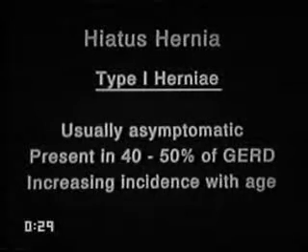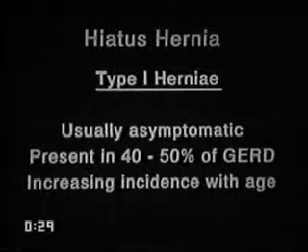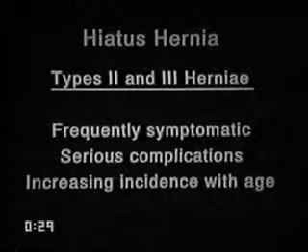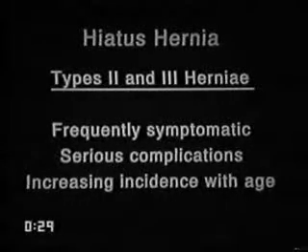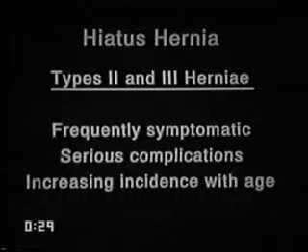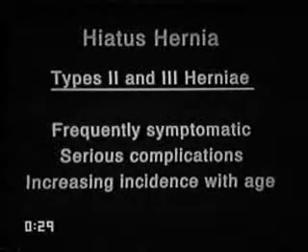It's present in a substantial minority of patients with gastroesophageal reflux disease, and this includes patients with very small type 1 hernias. In types 2 and 3 hernias, these patients are frequently symptomatic, and the type of symptoms that they experience are early satiety, regurgitation, epigastric pain, and chest pain.